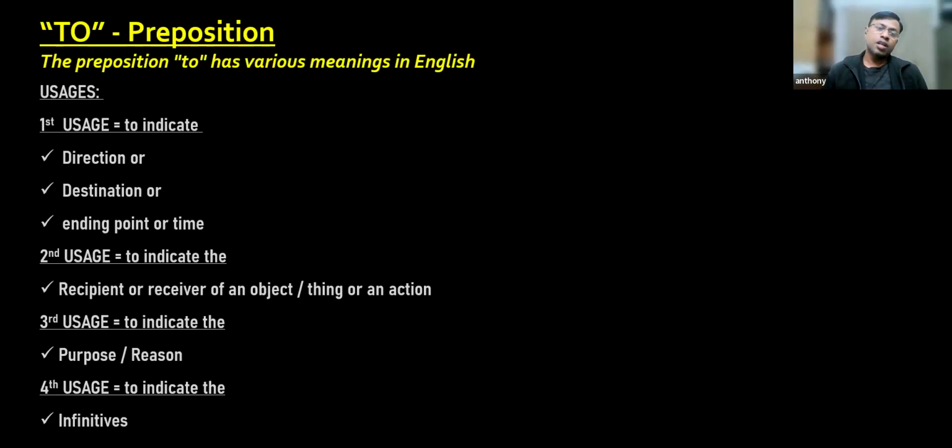If you log on to the internet, I've seen many people giving at least 10, 15 ways of using the word to, and they're giving all the descriptions, which are completely different. In front of verb, in front of noun, this, that, they're telling. It's very hard to remember those things.